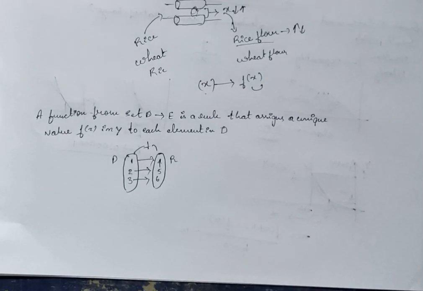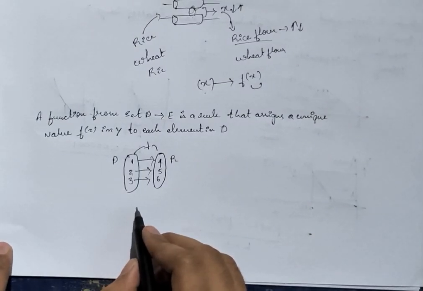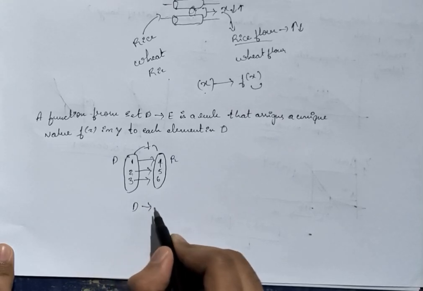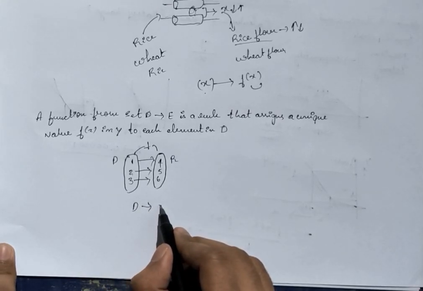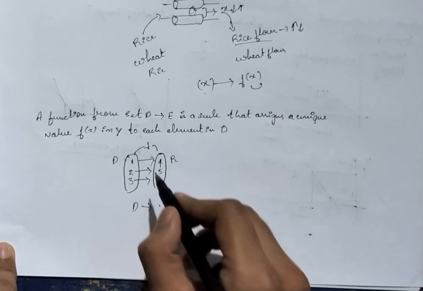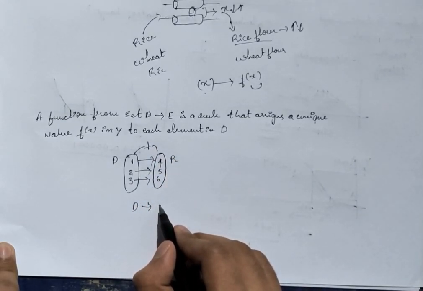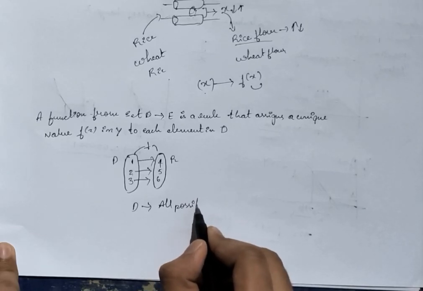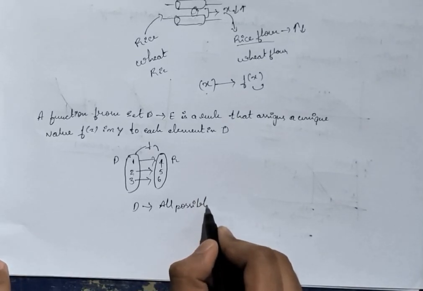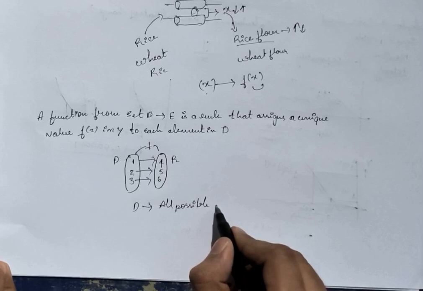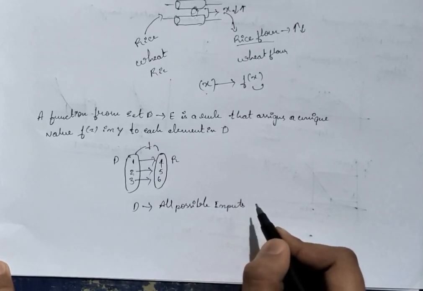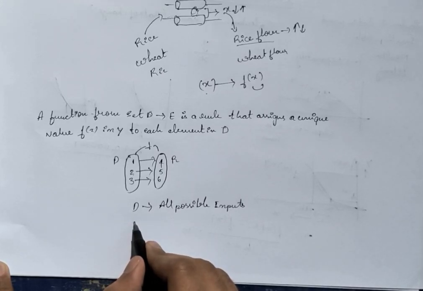Domain is all possible inputs. Remember, what do you mean by domain? What are all the possible input values we can give to a function? Inputs, to get what?